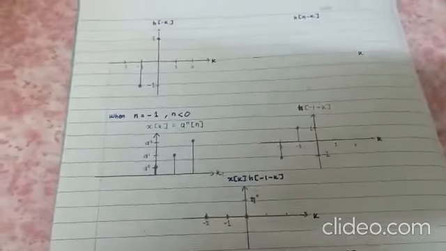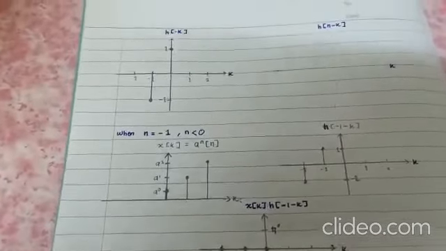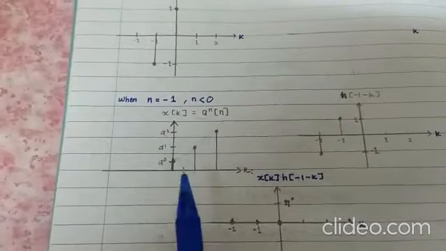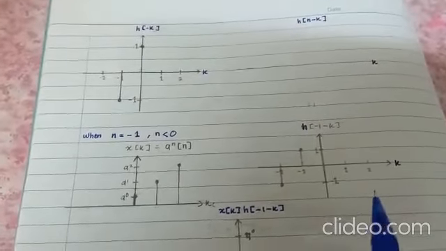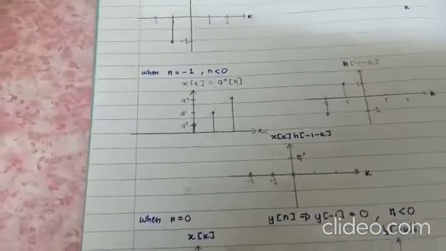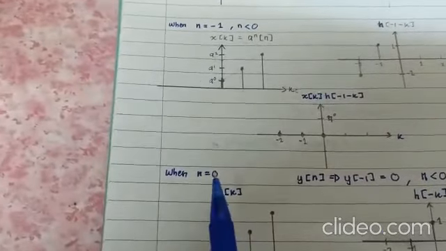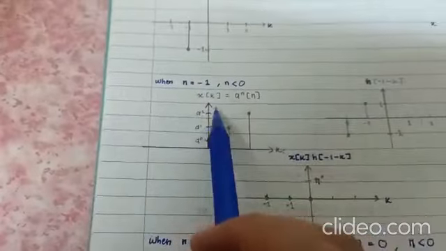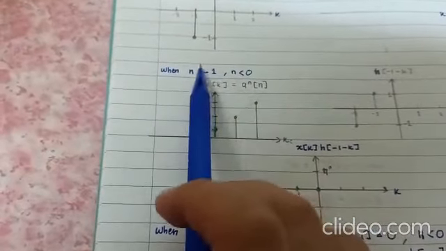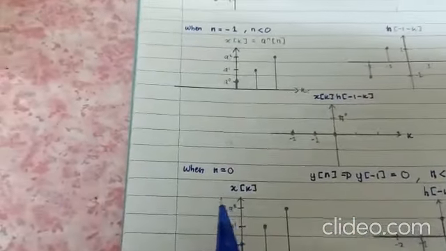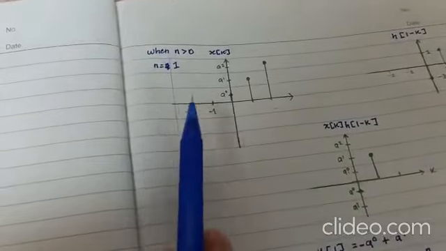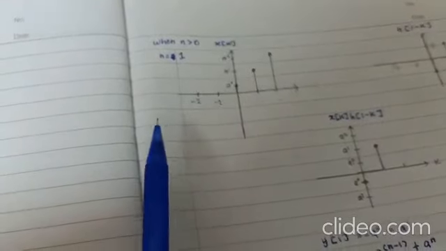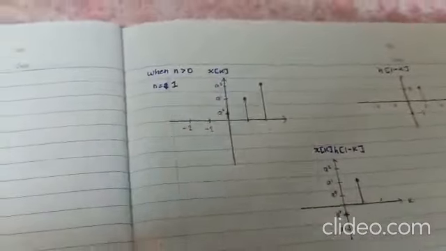What we need to do next is multiply xk with hn, but we change n: first less than 0, which I use negative 1 here, then n equal to 0, and lastly n more than 0, which I use 1 here.